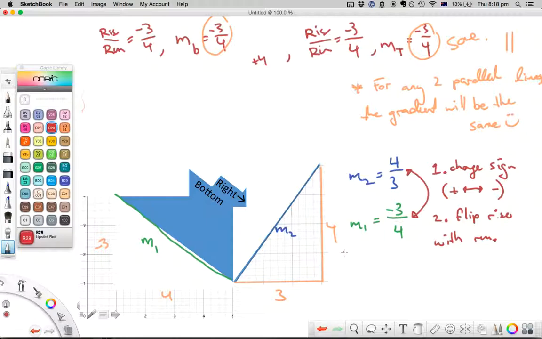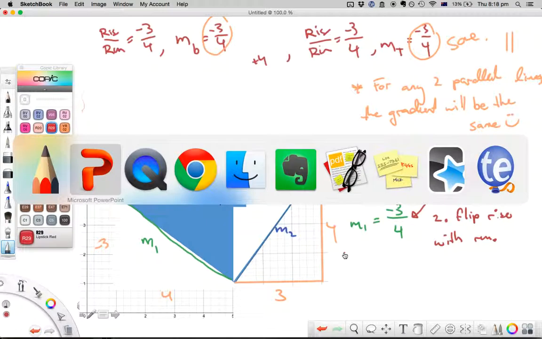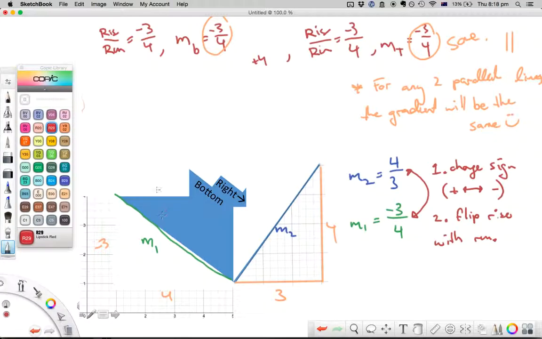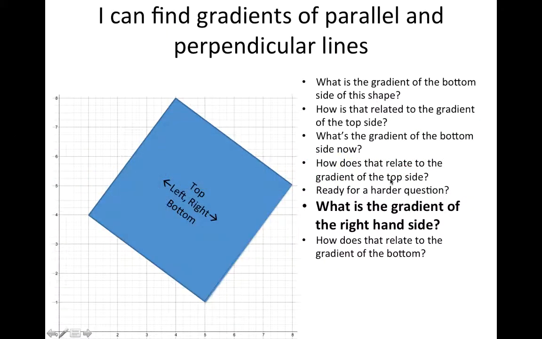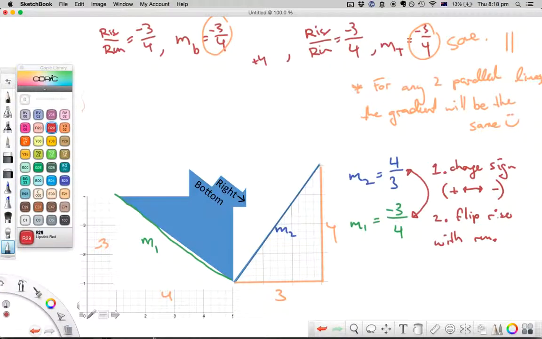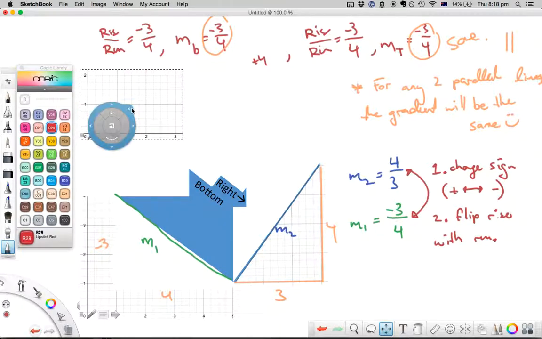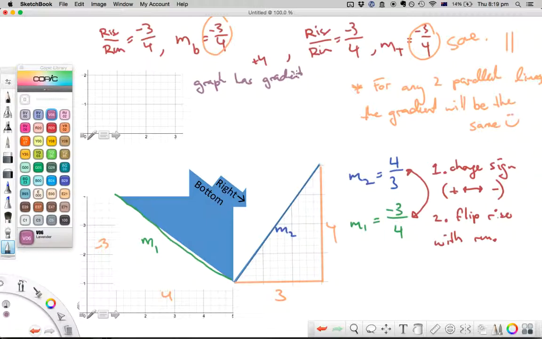Great. Now, there might be a tricky thing. In this case, we've given it as a ratio or as a divisor, but you might be given another question. For example, we might just have a bit of the coordinate system like this, and you might be asked something like: graph has gradient m equals 0.5.